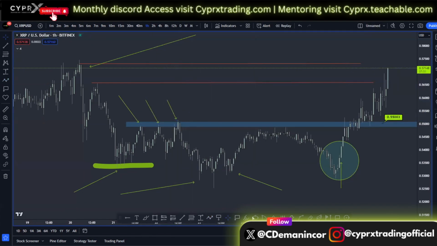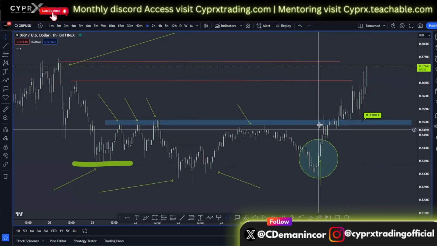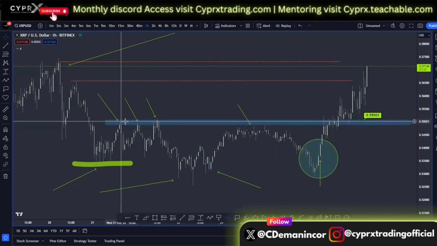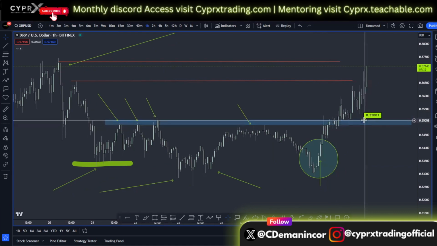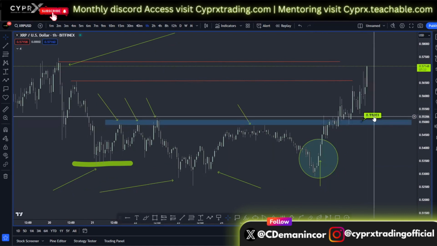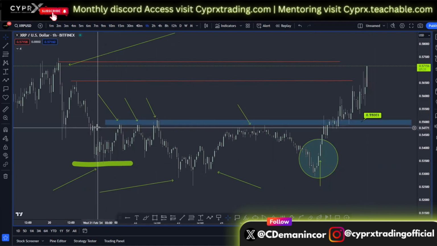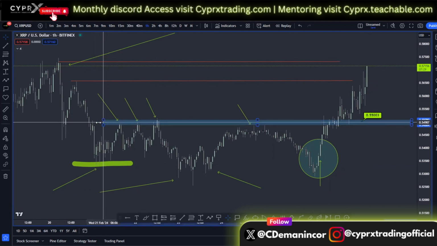So for me personally, what I was seeing is that if we can flip this psychological level and turn it into a quote unquote support region or find demand in this area, then most likely that means that any sellers that existed here in this area have now been overpowered by buyers, which is why I was giving you guys that 55-cent threshold.